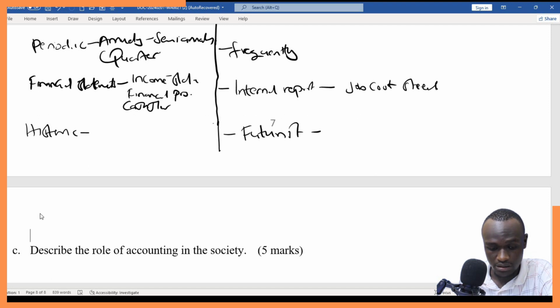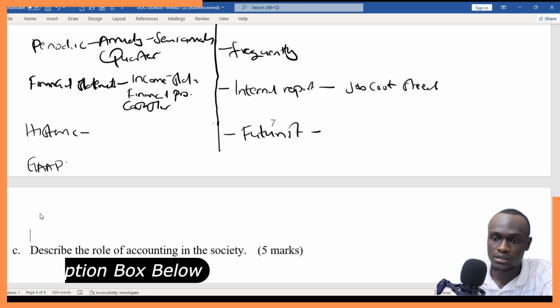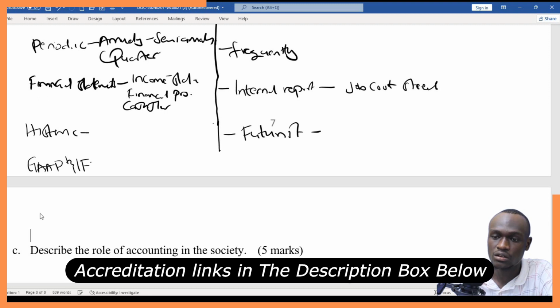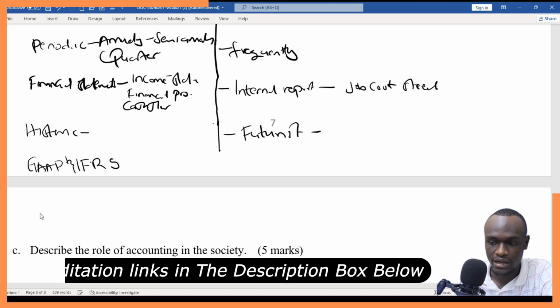Another difference is that financial accounting conforms to a standardized format of reporting. It must conform to the generally accepted accounting principles and even international financial reporting standards.